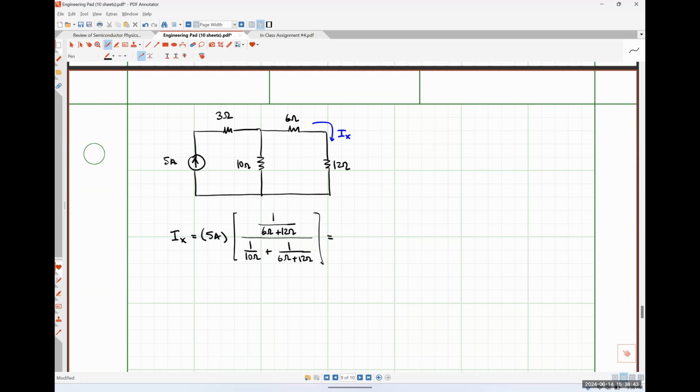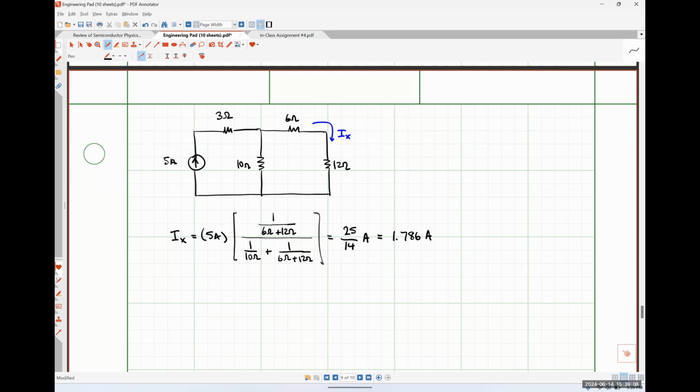So 1 over 18, 1 over 10 plus 1 over 18 comes out to be 25/14 of an amp, or 1.786 amperes.